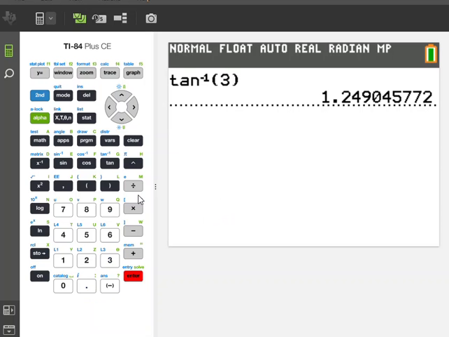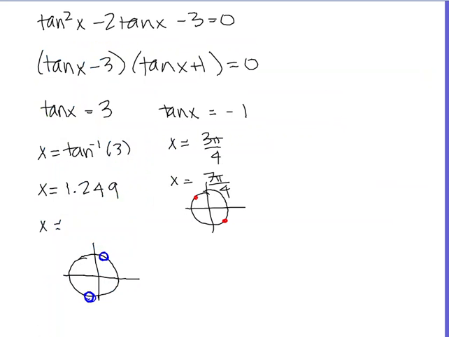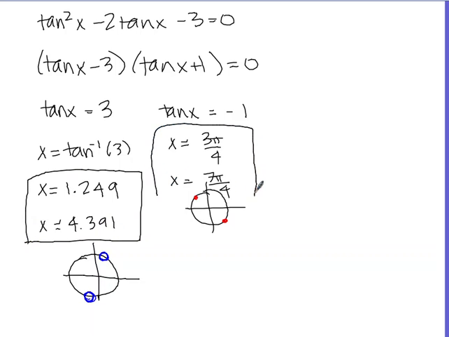So if I go back to my calculator and hit plus pi, I get 4.391. So I actually have 4 answers to this equation.